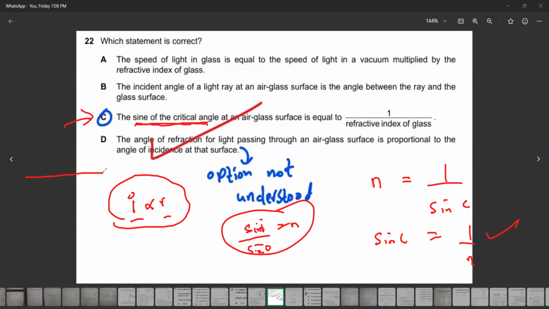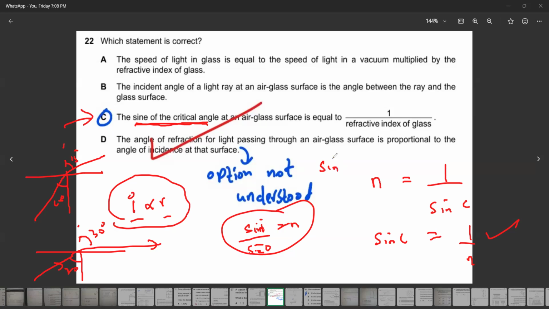For example, let's say the angle of incidence is 10 degrees and the angle of refraction is 15. If I double the angle of incidence to 20, what will happen to the angle of refraction? Will it become 30? No, they're not proportional to each other. Sine of angle i is proportional to sine of angle r.